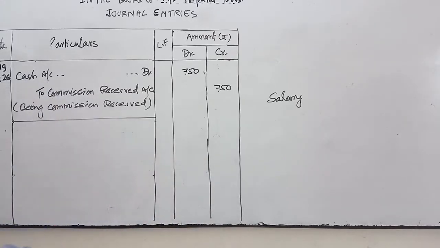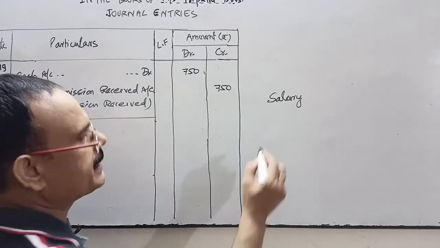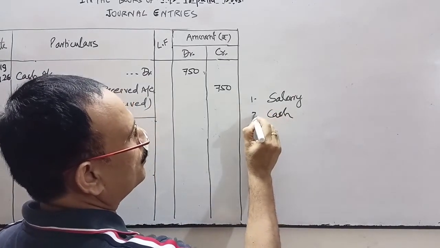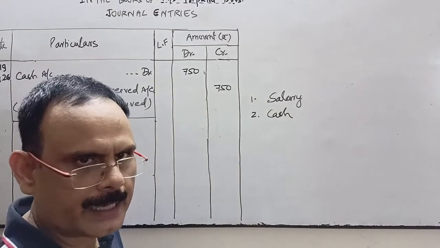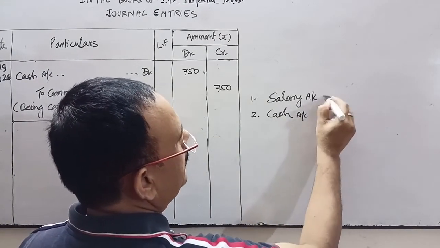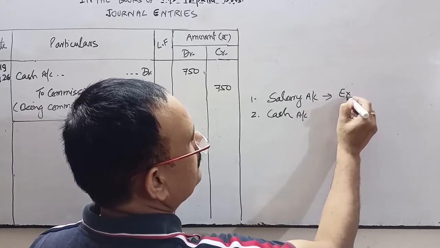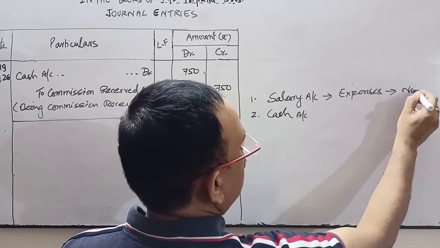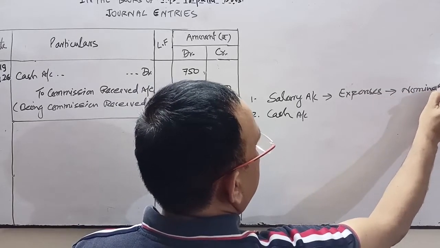So when we pay the salary to Gopal, the salary account and cash account, 2 accounts, will be over here, salary account and cash account. Salary is an expense, and it comes under which account? Nominal account.